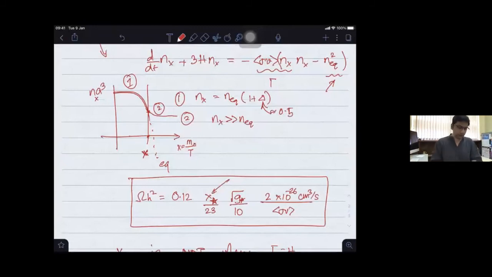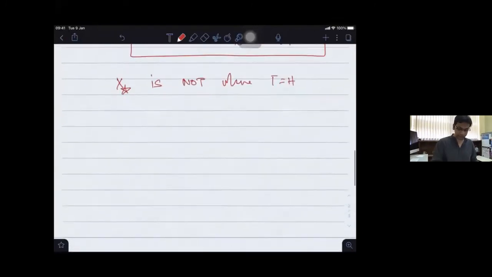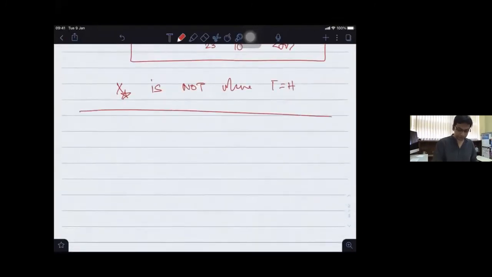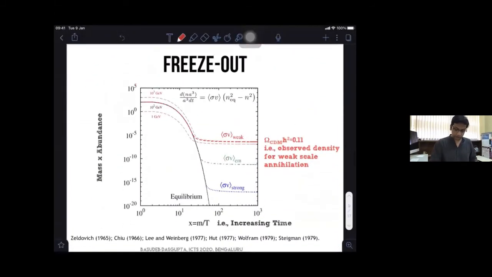Okay, so I will not go into more details of this. This is thermal freeze out. Okay, so this is done, and of course, as I showed you, omega h squared is inversely proportional to sigma v average. So if you have strong interactions that lead to dark matter annihilations, the actual abundance is very small.